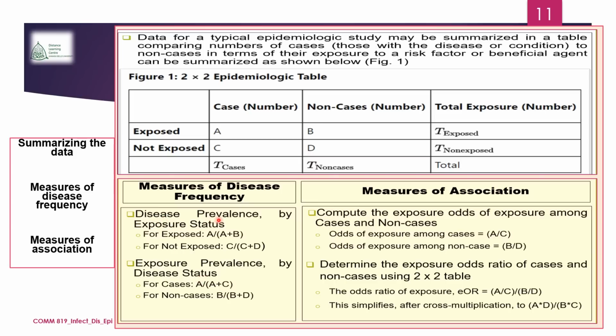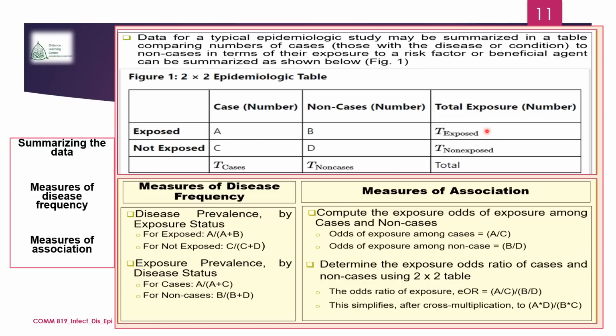Disease prevalence by exposure status: for those exposed, the prevalence is A over A plus B. A plus B is our total exposed, and A is our exposed. So exposed over total exposed.